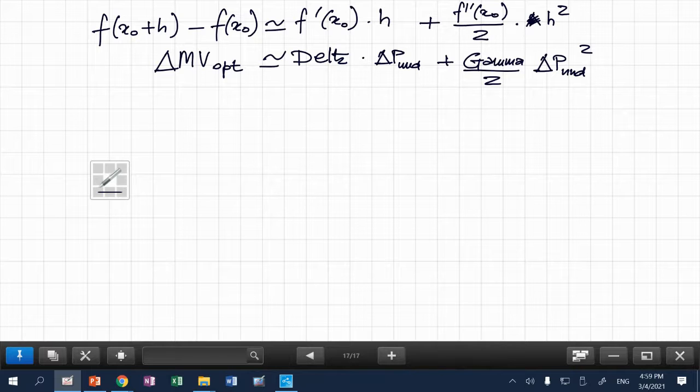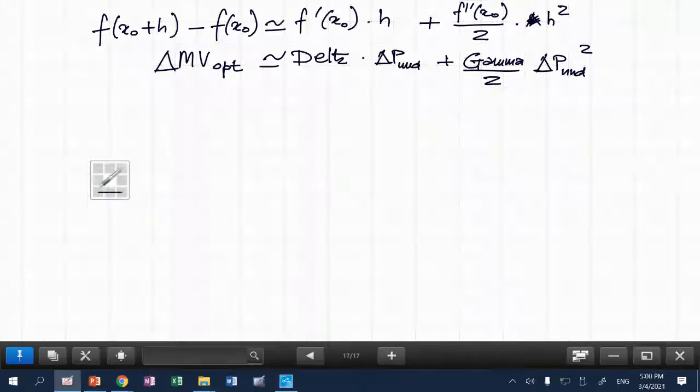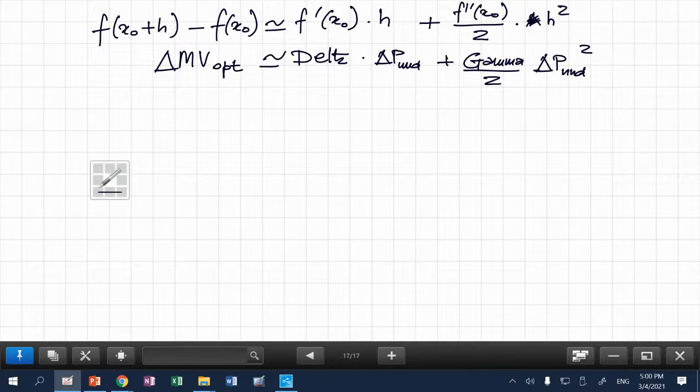Okay, so gamma is the second derivative, and if you want, you can see that as a way to better understand how your portfolio value is changing, because you're not just approximating that linearly, but you're taking into account a parabolic function, essentially, if you take into account the square of delta P in your estimate.